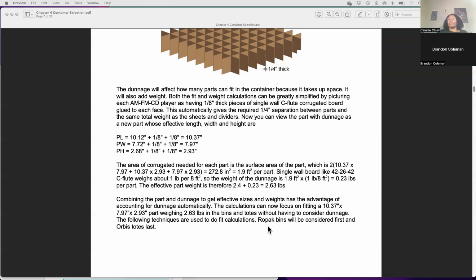If you're using a tote and you have heavy parts and you're close to weighing out your trailer, that could be significant. You may not think it's much, but 2.63 pounds times 108 totes per unit load or per pallet, and then you multiply that by 52, that can add up pretty quickly.